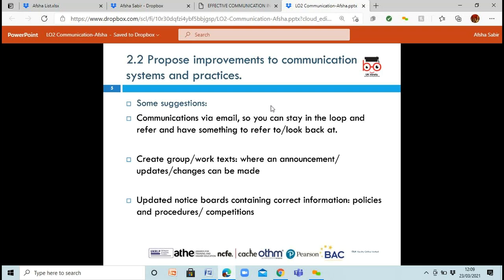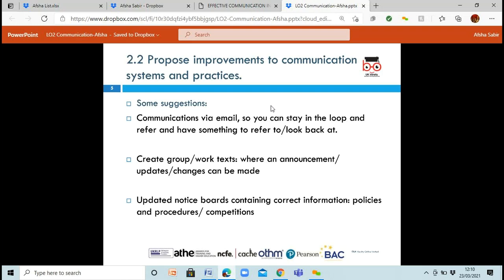When we get into 2.2 now, which is propose improvements to communication systems and practices, all you're telling me is how you can fix things. So how would you improve the communication in your work? I've put some suggestions down here, and you're very welcome to use the same information and just add a little extra detail.